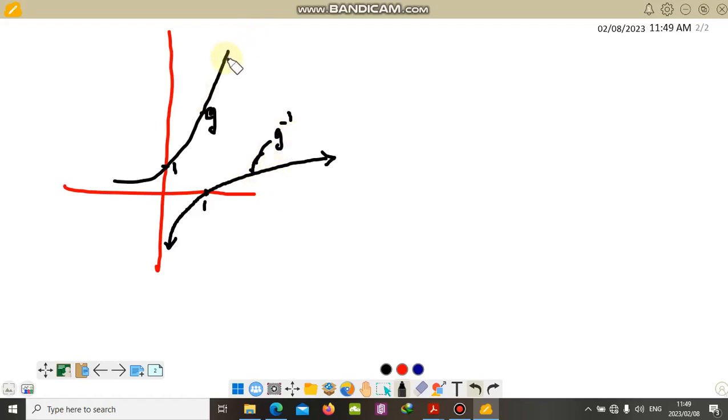So the equation for this one was what? y equals 3 to the power of x, and the inverse is going to be y equals log of x base 3, right? That is the inverse of that.